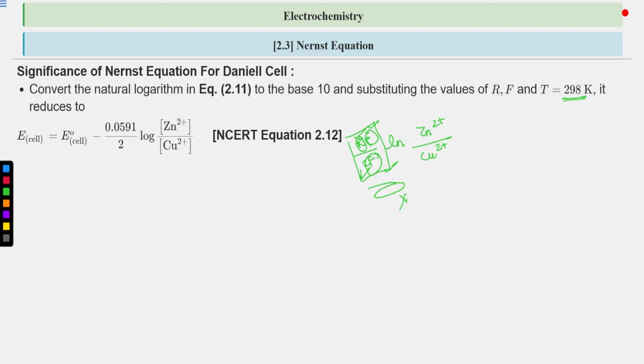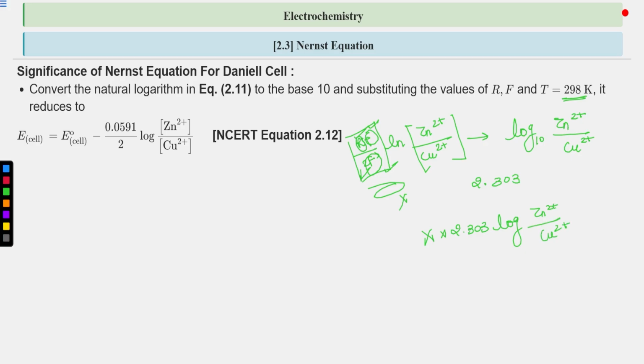Now you can convert ln zinc 2 plus upon copper 2 plus to log base 10 of zinc 2 plus upon copper 2 plus by multiplying by 2.303. So you write x, the fraction value, multiplied by 2.303 log zinc 2 plus upon copper 2 plus.